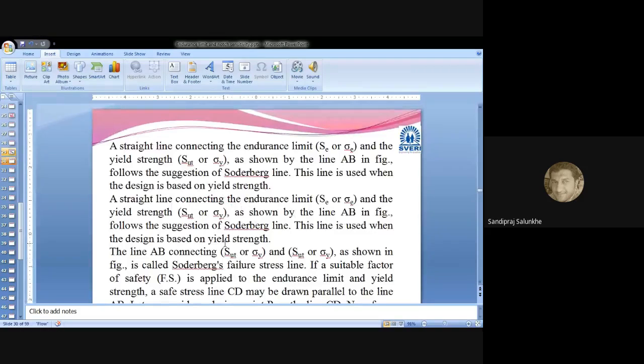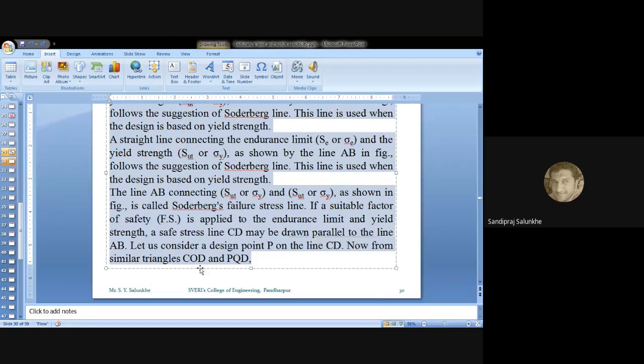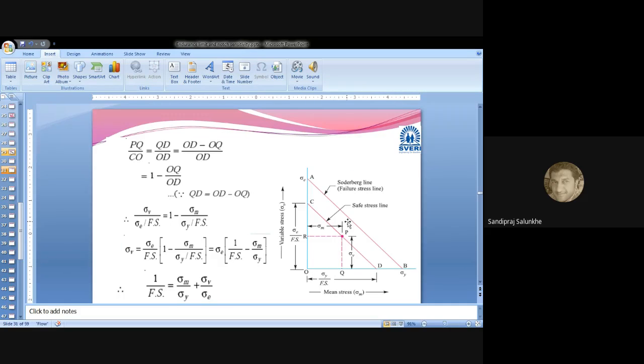So this is what I have just explained. I have written here the description for the same as the Soderberg diagram. Only, what is important is that now we will consider the similar triangles in this diagram. The similar triangles are COD and PQD.